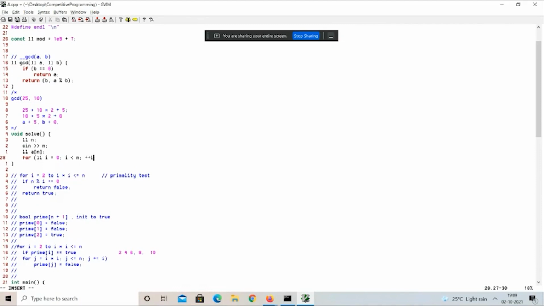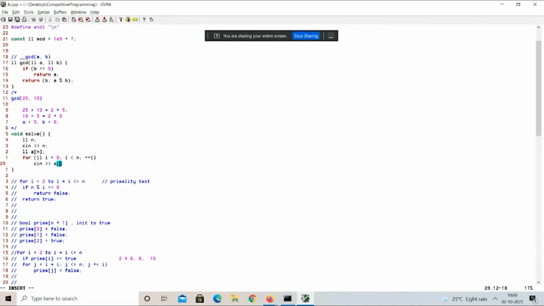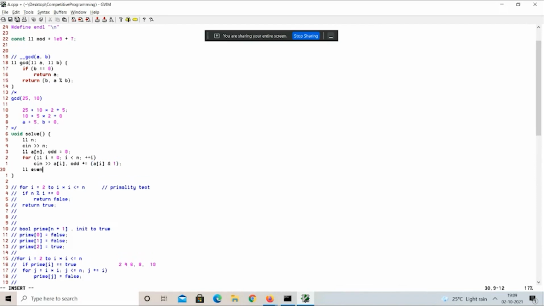First we read all these numbers, and we count how many of them are odd, and naturally we calculate how many of them are even. This is basically a trick to find whether a number is odd or even: a[i] & 1, a bitwise AND operator.